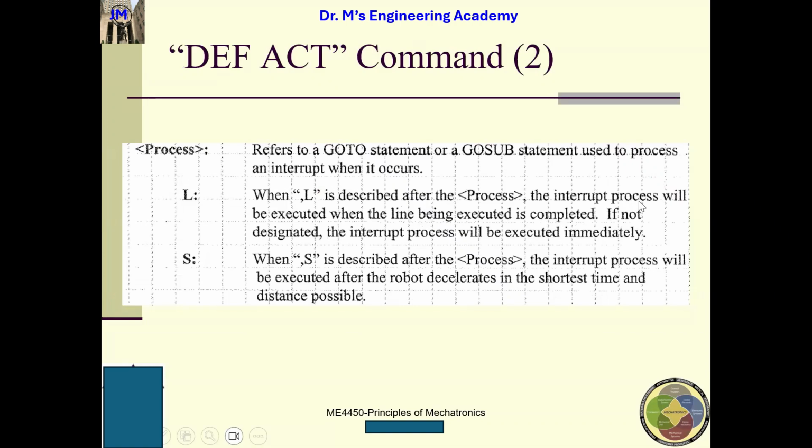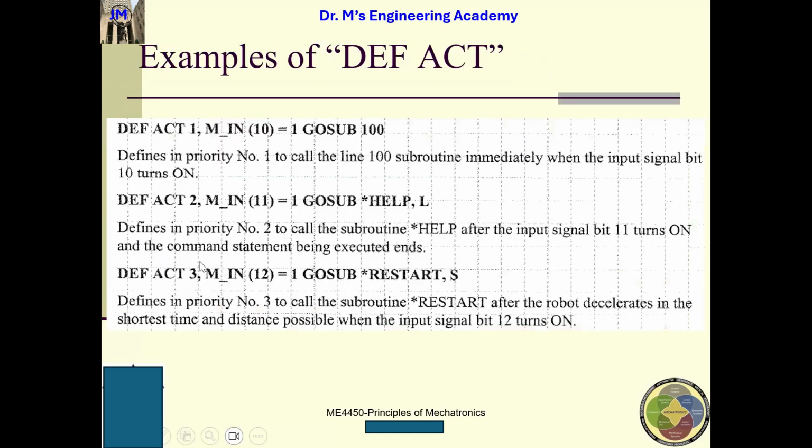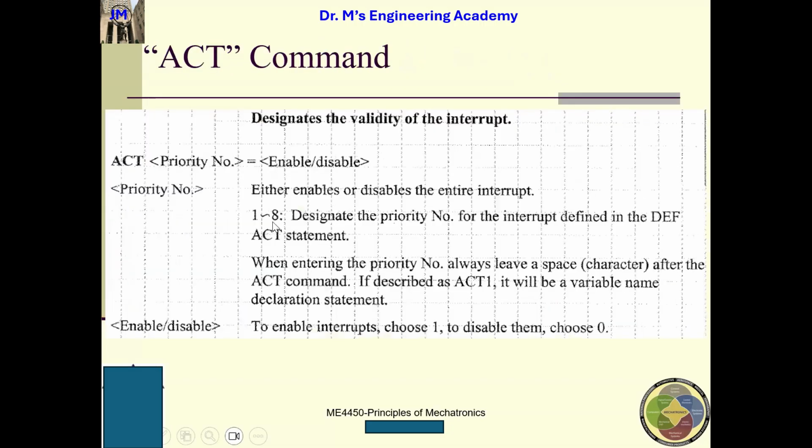S means the interrupt process will be executed after the robot decelerates in the shortest time and distance possible. So we have a subtle difference between L and S. Here is a third interrupt: input bit 12, then go to sub restart, comma S. So these are the three examples.